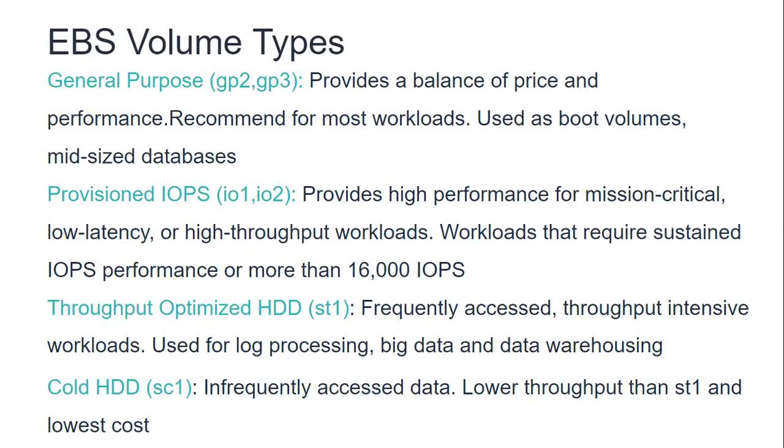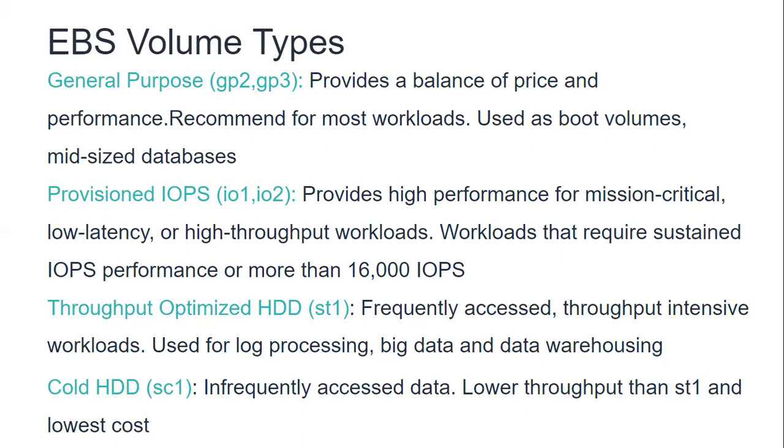And I'll say over here that general purpose and provisioned IOPS use SSD, and the lower, the third and fourth, throughput optimized and cold HDD, use hard disks. Hard disks have magnetic tapes in them, and you have some moving parts and all that.